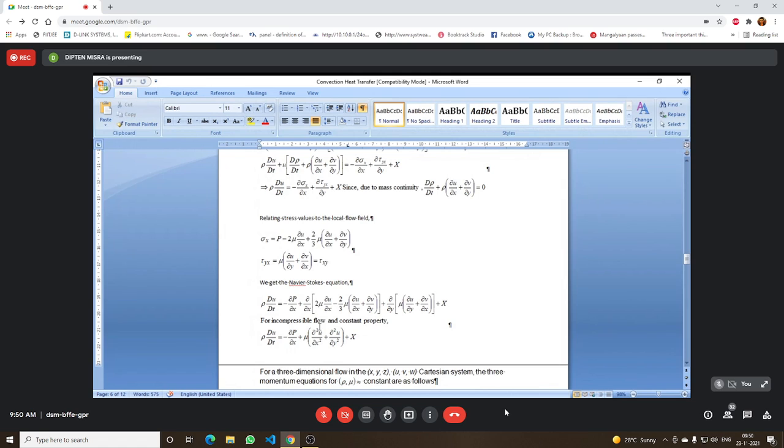And then we have one more del 2u del x square, and one more del 2v del x del y. Now this del 2v del x del y, you can write as del x of del v del y.